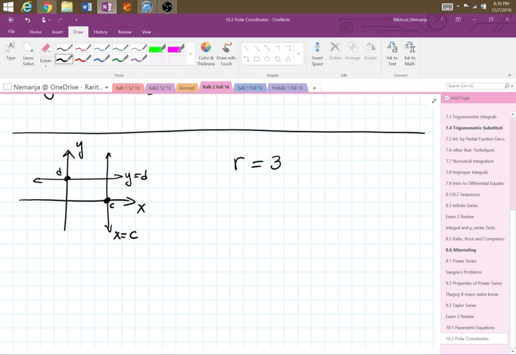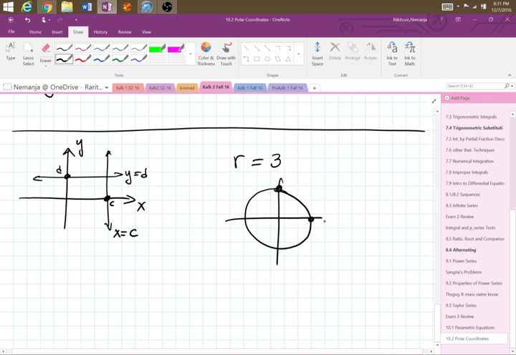What would that be? Circle. You see how cheap the equation of the circle is in polar coordinates? There's none of that x squared plus y squared, blah, blah, blah. It is just r equals 3. So the equation for the circle ends up being the simplest equation you can write for polar coordinates. Now that is really powerful.